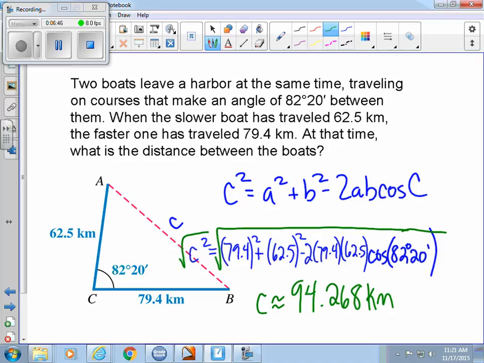Think, decide if it's reasonable. We only have one angle, but probably 82 is the biggest angle in this triangle. Definitely looks like it based on the picture, right?